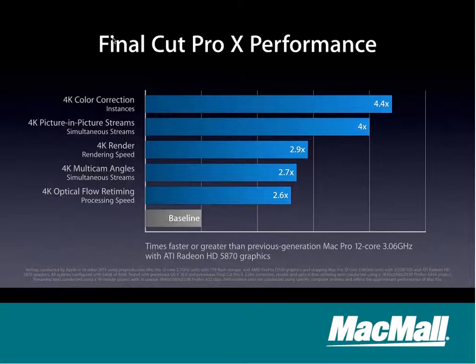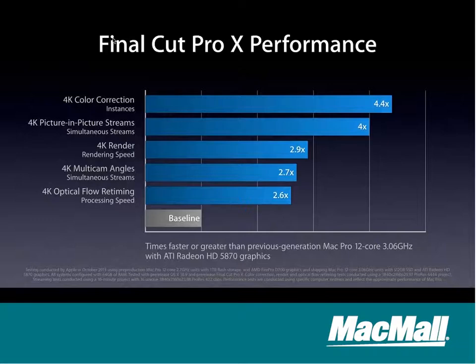I'm sorry, that was the pre-production unit. And then the older unit was a 12-core as well. It was a 3.06 gig unit with 512 gig SSD, and we used to have the ATI Radeon HD 5870. So if there are any nerds in the room, that was the 12-core that we used to ship, and we pulled out our 12-core 2.7.